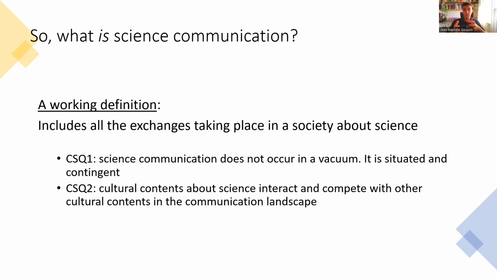So contents about science interact with other contents which are also communicated in society. So we've got a working definition of what is science communication, and now we will try to unpack this notion and look at what have people found who study science communication, when they've looked at what happens when science circulates in society.